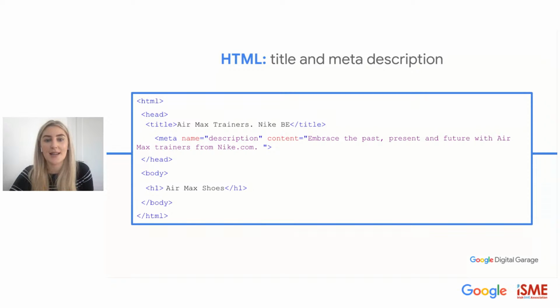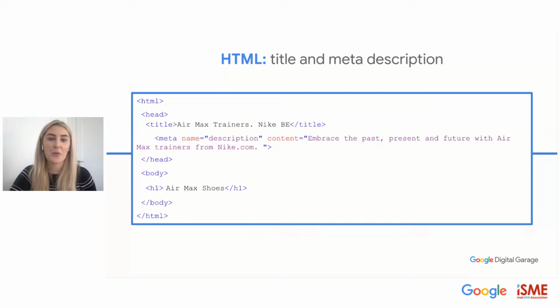The title and meta tags can be found in the HTML code in the head section. The H1 tag is part of the page layout and is in the body part of the code. Here again, remember the golden rule of SEO, that this is the language of the robot. Content is the language of the visitor.